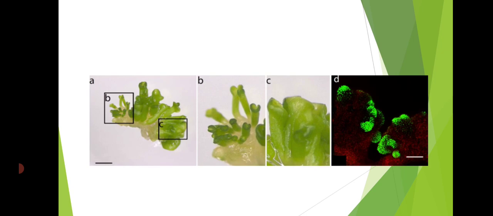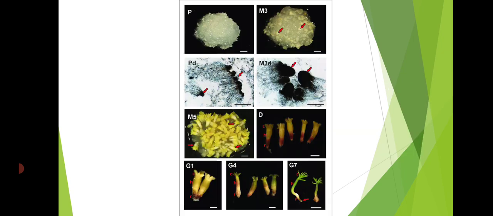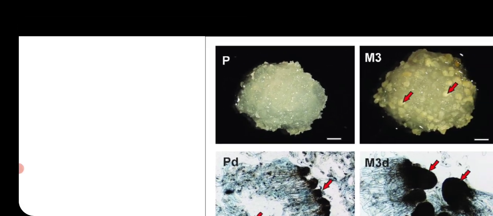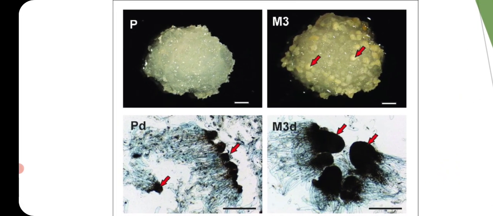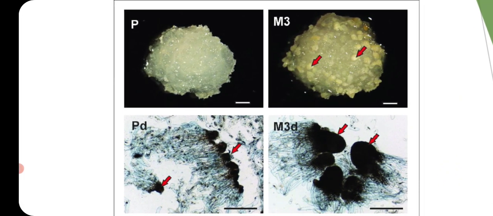Okay, and this is the actual photograph, and this is one more example, this is also indirect embryogenesis. Here we can see the callus, and we are adjusting the growth regulator percentage, and as a result clumps are forming.